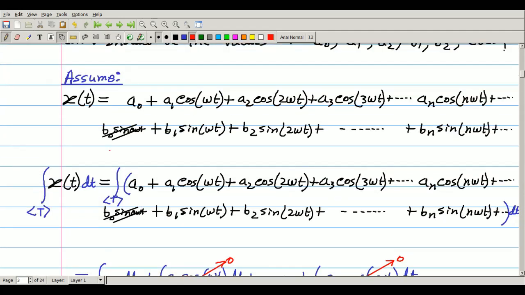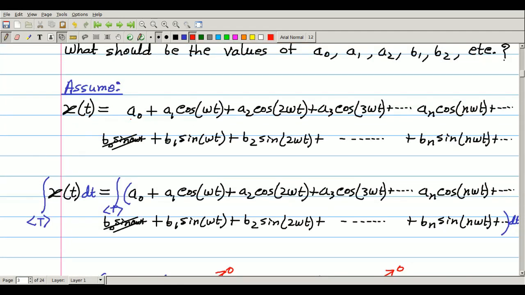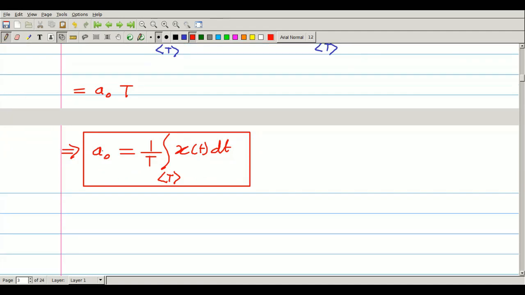So we have started with the assumption that for some values of a0, a1, a2, it is possible to write x(t) as a sum of sine and cosine signals, and from that we have derived that the value of a0 should be equal to integration of x(t) dt over a complete cycle divided by time period, which is same as the average value of x(t). So that should be the value of a0.